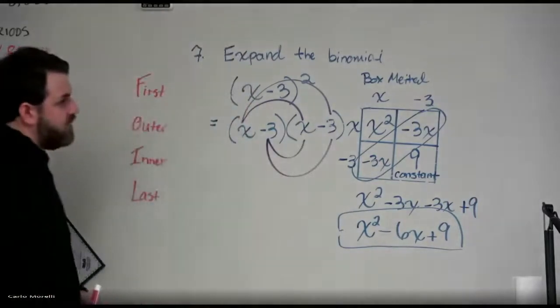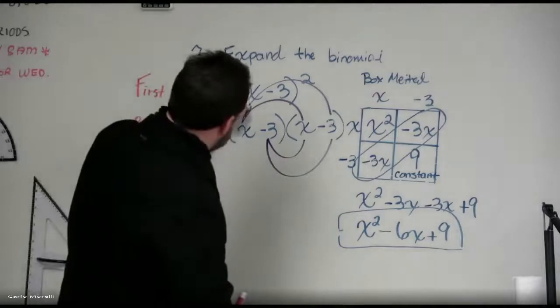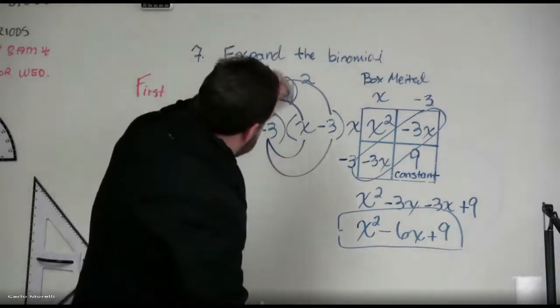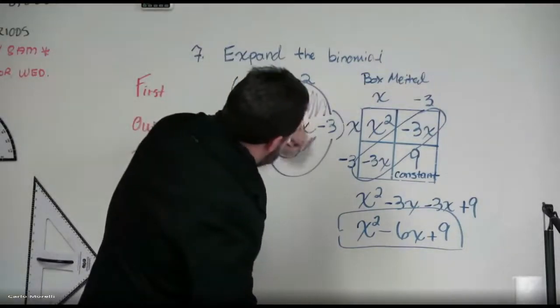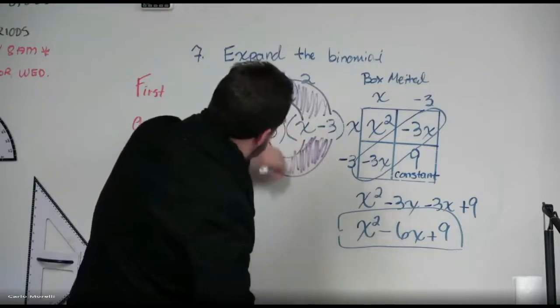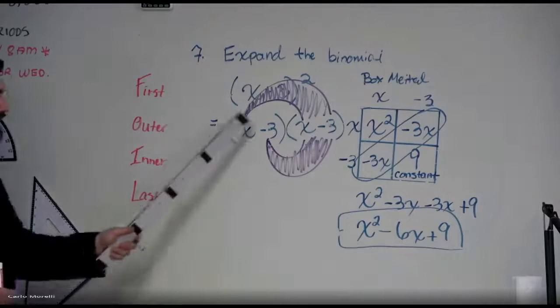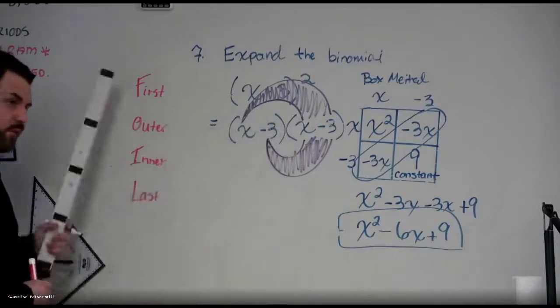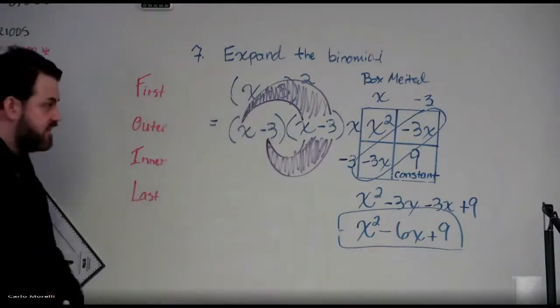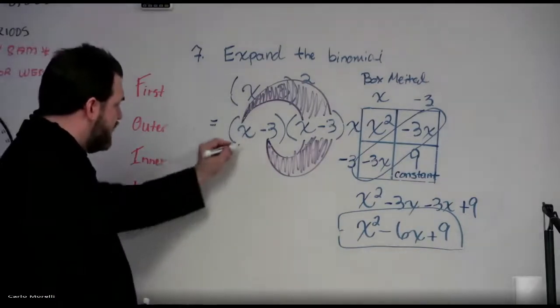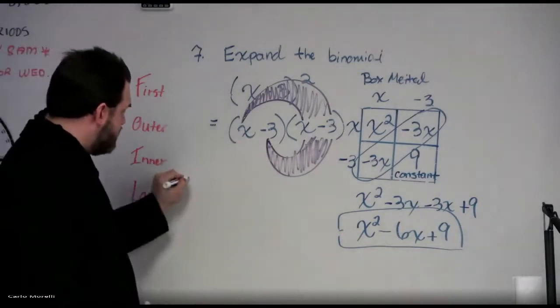Now, if you drew this right, it should form like a crescent moon shape. See that? That way you always remember this. Looks like a moon, okay? First, outer, inner, last. FOIL, first, outer, inner, last. So let me show you that math. First, x times x.